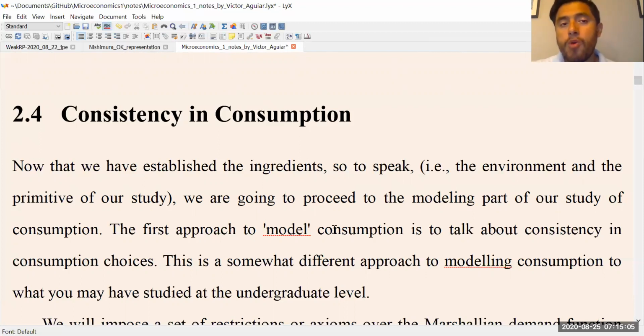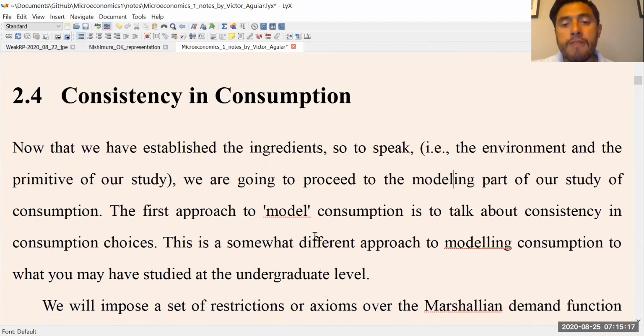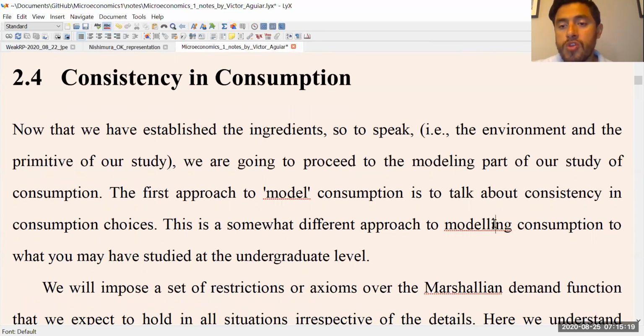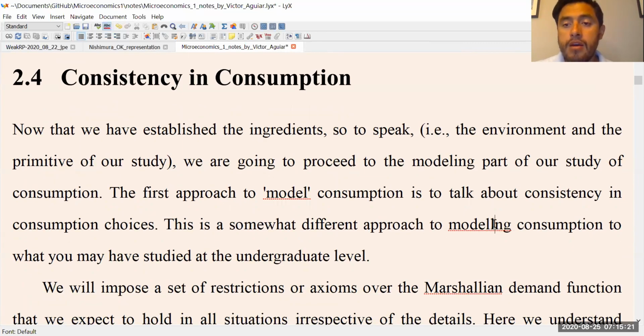I'm going to approach this problem of consumption modeling from a different perspective, which is called consumer consistency. The first approach is about trying to impose some restrictions on demand that will allow us to do demand prediction, without being specific about the utility process behind it.